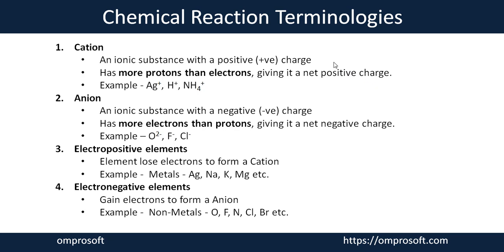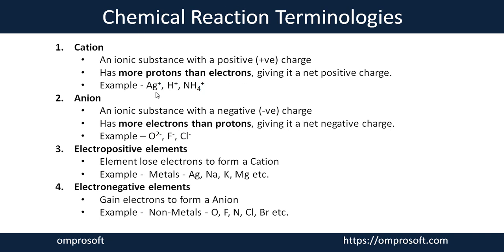And that is why that substance shows a positive sign at the superscript side. This positive sign represents that the substance is a cation. So we can say a cation is nothing but an ionic substance with a positive charge, because in its atomic structure the number of protons is more than the number of electrons.